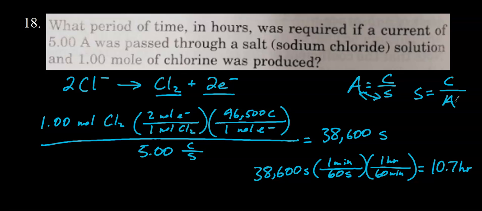Charge in coulombs divided by current in amps will give us time in seconds. As I said before, it's a pretty long amount of time, 38,600 seconds. The question asks for the time in hours, and that's how we convert that to hours. So 10.7 hours to produce 1 mole of chlorine using that current.